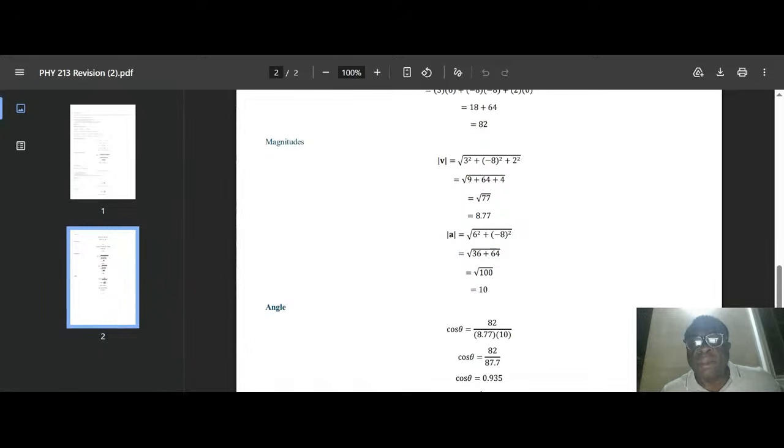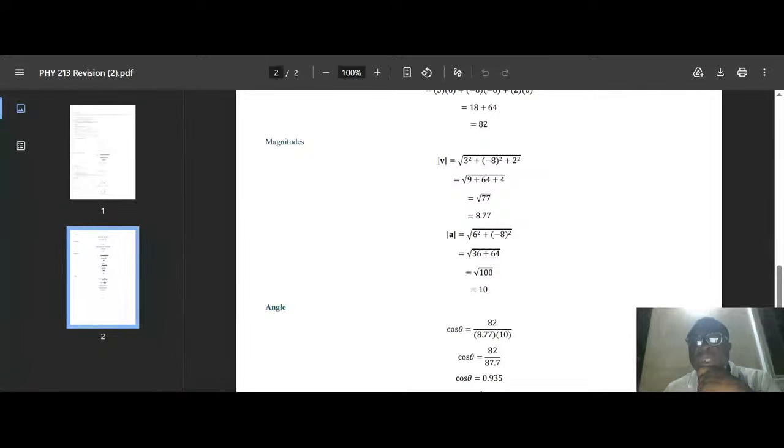Remember, for the angle, we have cos theta equal to the dot product divided by the product of the moduli.